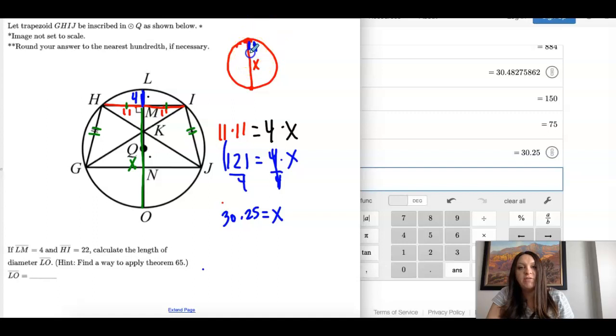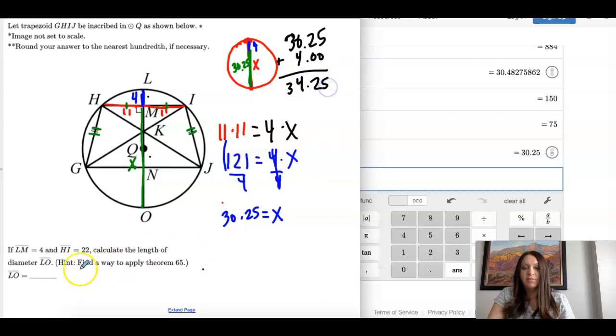We just found out the rest that we're calling x is 30.25. So in order to find the full diameter, we're going to take that 30.25 and add the 4 that we already knew. So it's 34.25. That would be the full diameter.